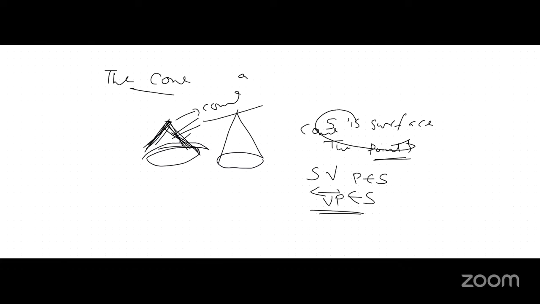So this is the cone equation. Here this V is called the vertex, and these straight lines are called generators.